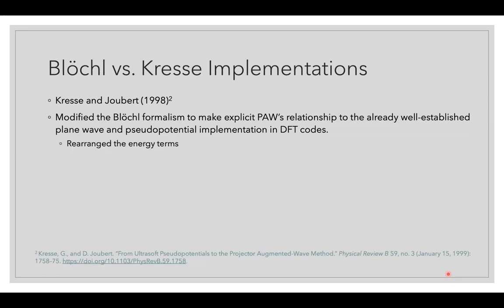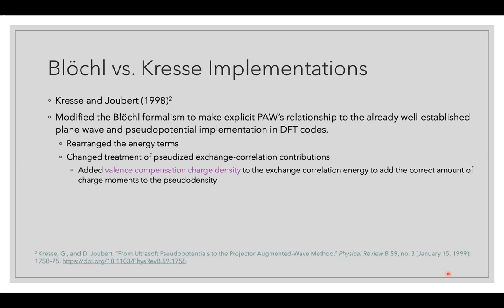It went about this by rearranging some of the energy terms, as well as changing the treatment of the pseudized exchange correlation contributions. What it did was add something called the valence compensation charge density to the exchange correlation energy. And it did this in order to ensure that the pseudo density added the correct amount of charge moments.